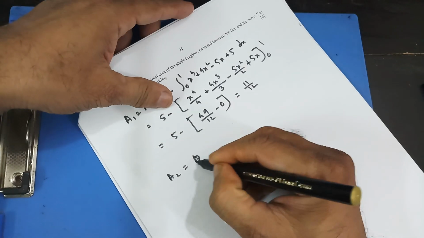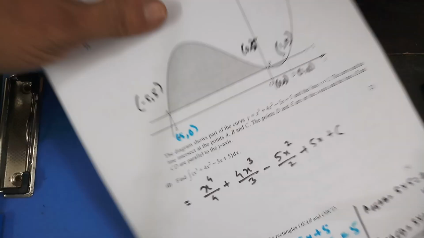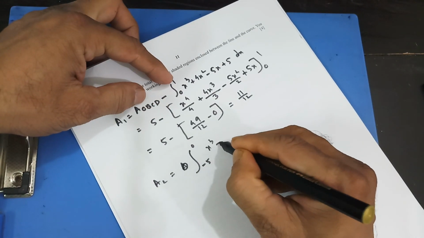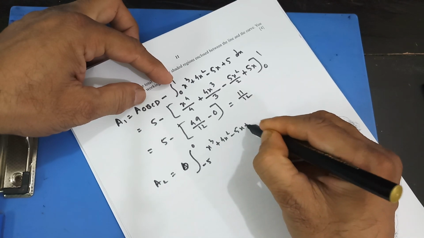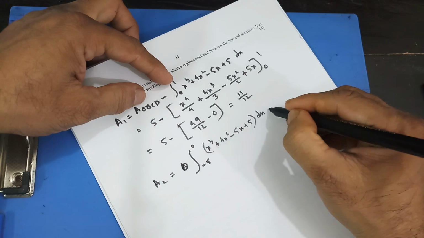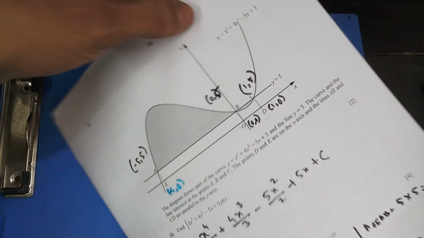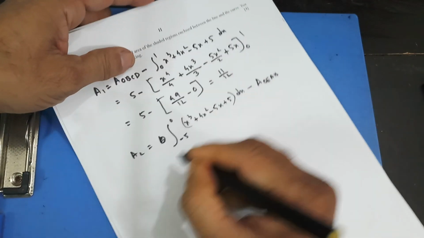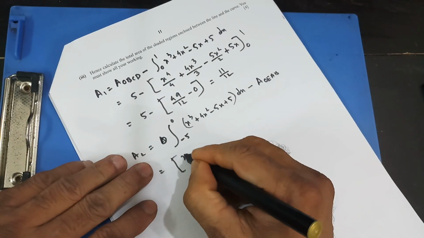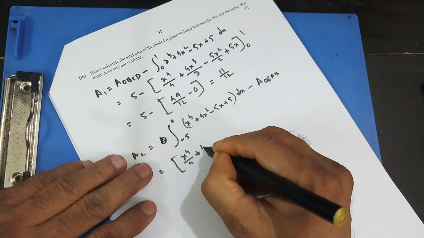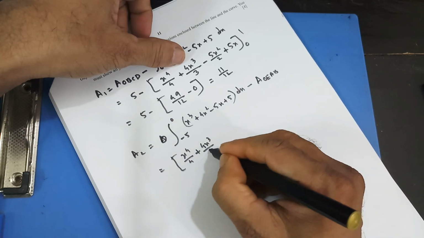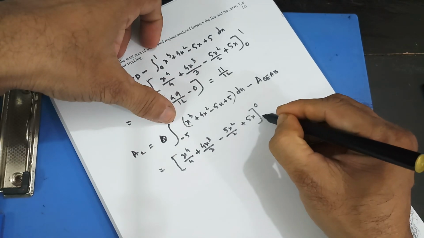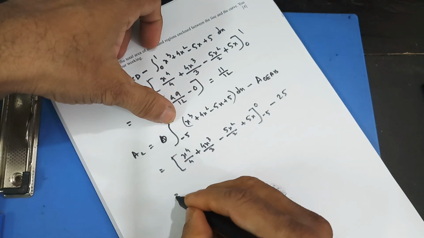So I'm going to put here the integral from minus 5 to 0 of x cubed plus 4x squared minus 5x plus 5 dx, then minus the area of this rectangle OEAB. Now this is going to be again x to the power 4 by 4 plus 4x cubed by 3 minus 5x squared by 2 plus 5x, and that's going to be 0 minus, and this rectangle is going to be minus 25.